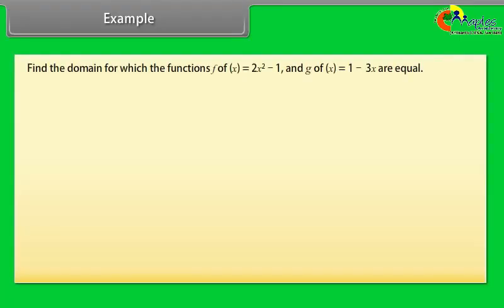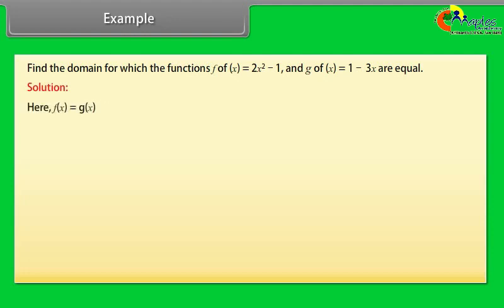Find the domain for which the functions f(x) = 2x² - 1 and g(x) = 1 - 3x are equal. Solution.